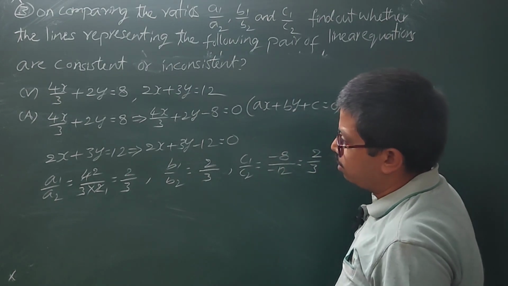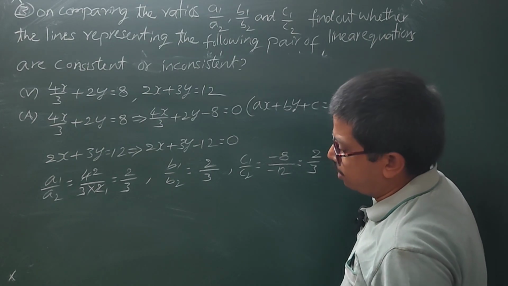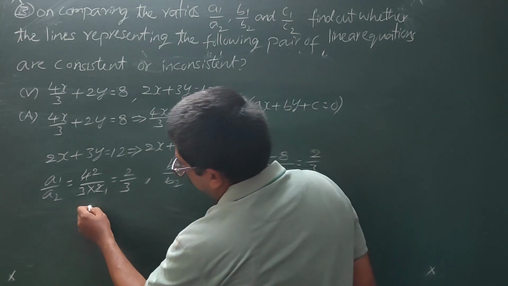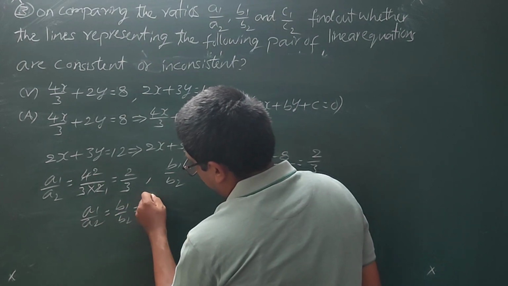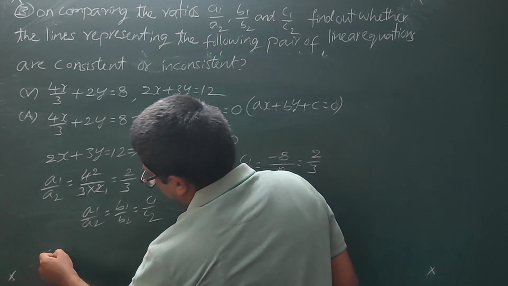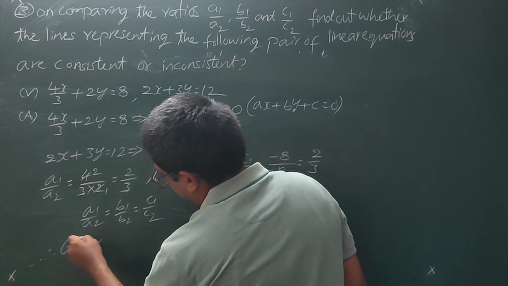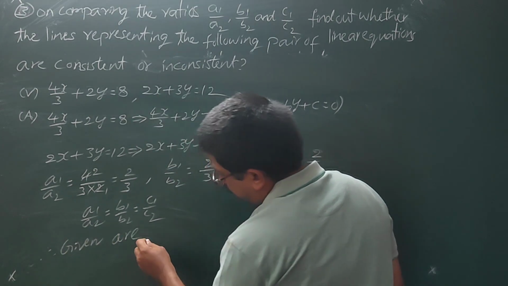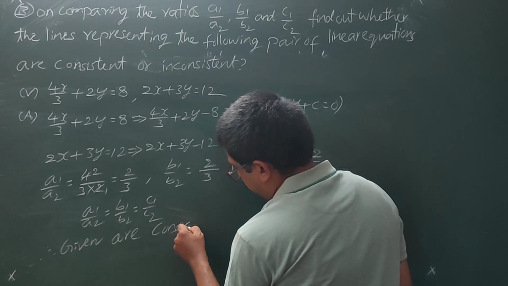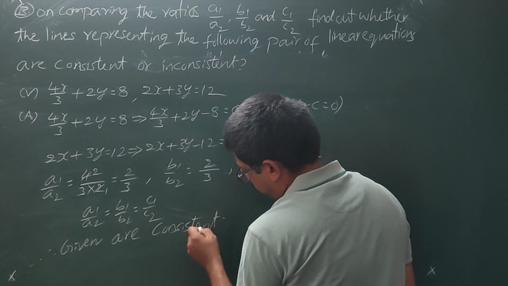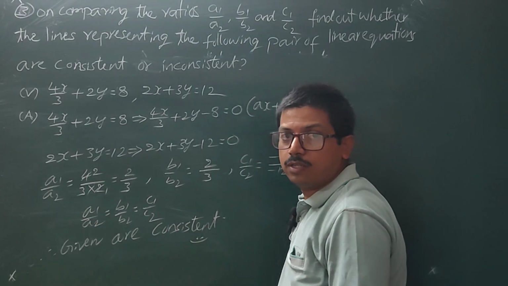So what we observe here is a1 by a2 equal to b1 by b2 equal to c1 by c2, and all three ratios are equal, the given equations are consistent, so they coincide with each other.